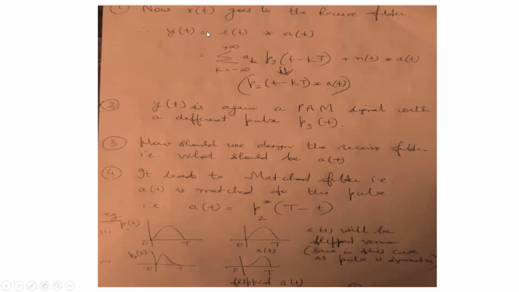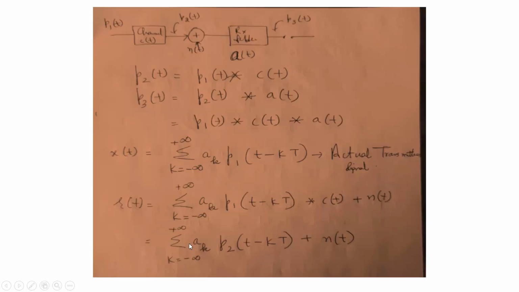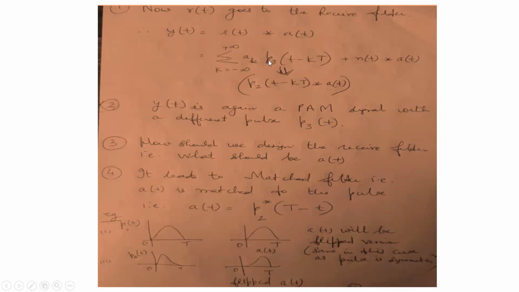Now after the receiver filter, RT signal will get convolved with AT, which is a train of waveforms, right? So we have to put this value of RT here. Now I also know that when P2T gets convolved with AT, it gives me P3T. So that is why I get P3 of T minus kT here.